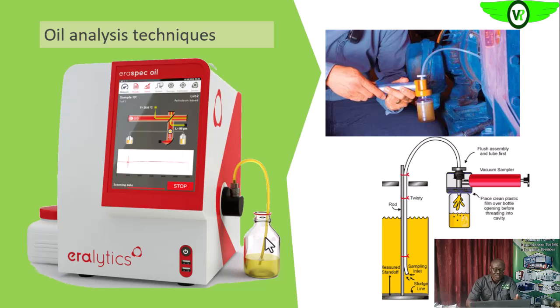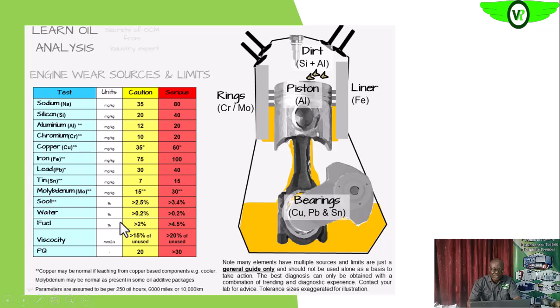So the oil chemistry, the contamination level, and the wear particle content of the oil, all of those will be analyzed in the analyzer. We also have handheld analyzers that you can carry into the field that will give you some of these results right there in the field.